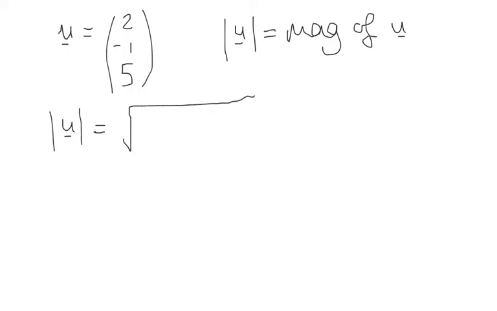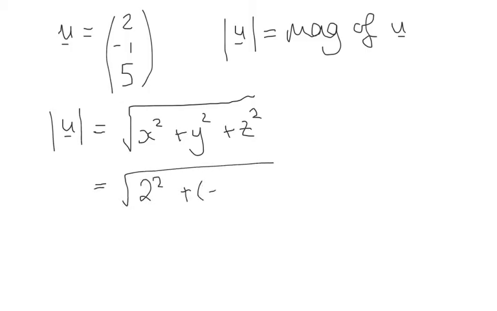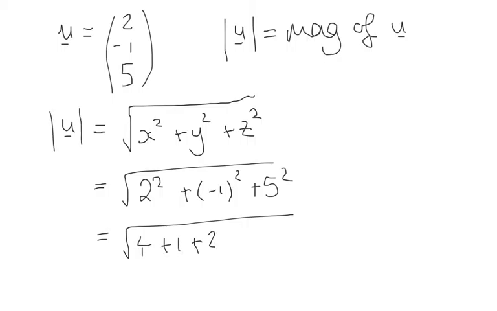It's like Pythagoras. This is like 3D Pythagoras. And we do x squared plus y squared plus z squared. So just remember to square all three components this time. 2 squared plus negative 1 squared plus 5 squared. So we have the square root of 4 plus 1 plus 25. Square root 30.